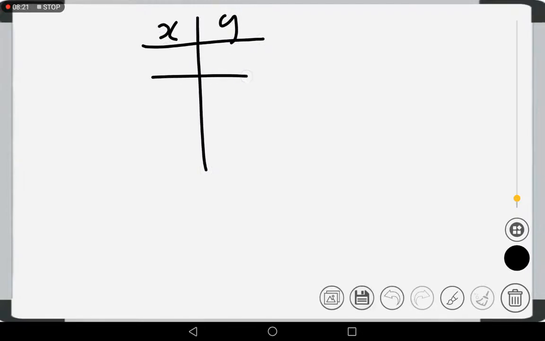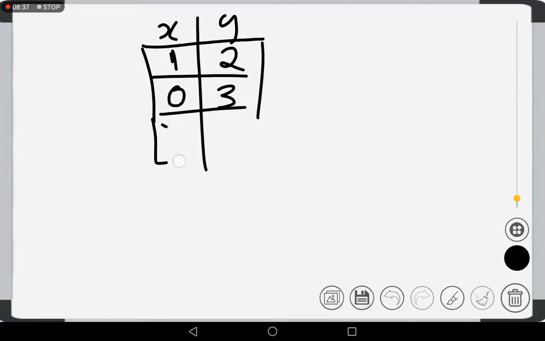For example, they tell you that x is 1 and y is 2, x is 0 and y is 3, and another coordinate, say x is 4, where y is minus 4 plus 3, which is minus 1.